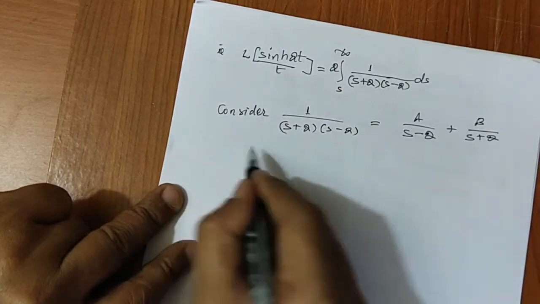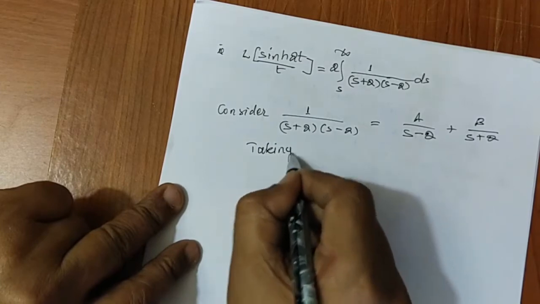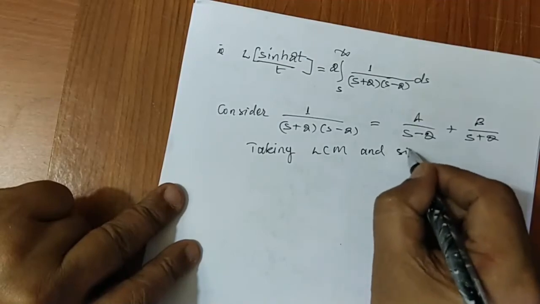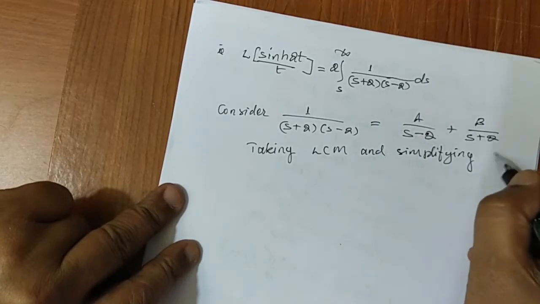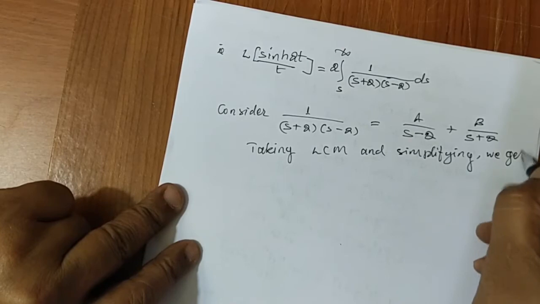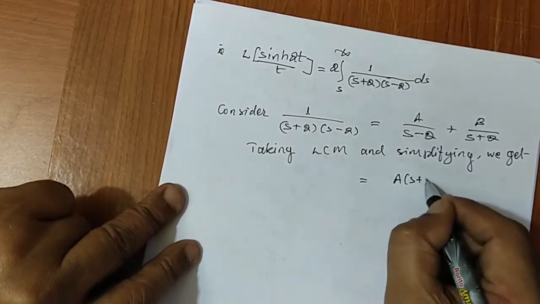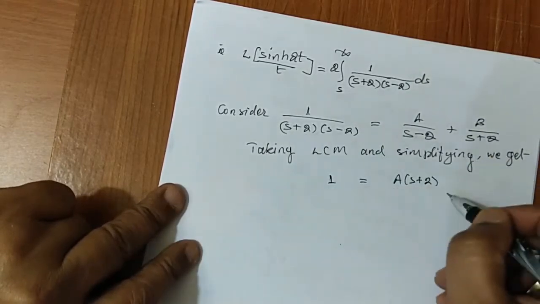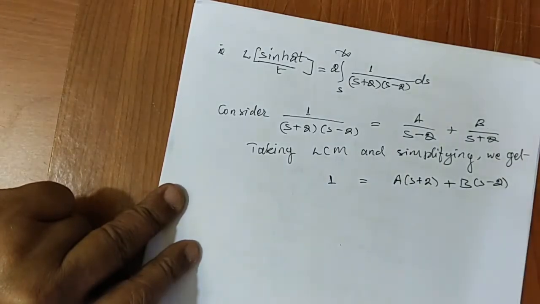Now if I take LCM and simplify, it is actually resolving it into partial fractions, which you have studied. So 1 is equal to a times s plus 2, plus b times s minus 2. On the left hand side, s plus 2 times s minus 2 cancel with the denominators, so you are left with this.